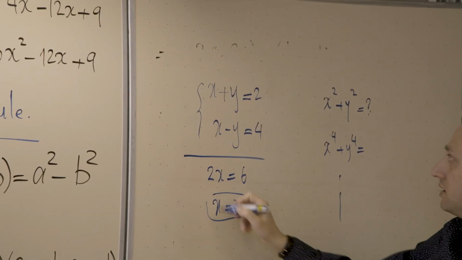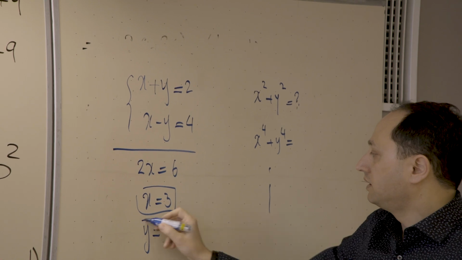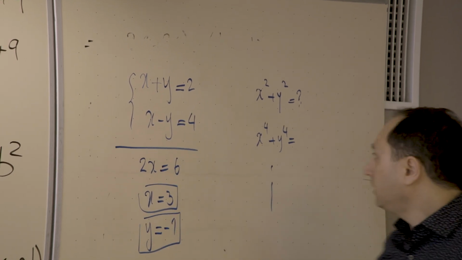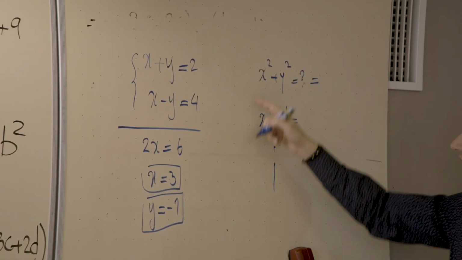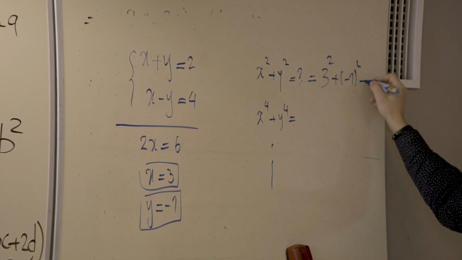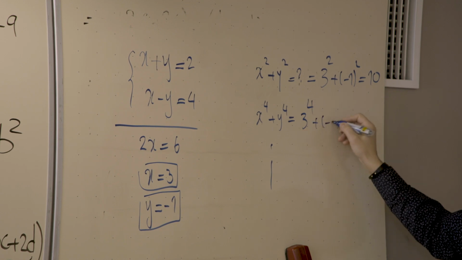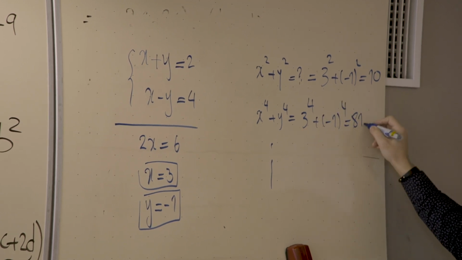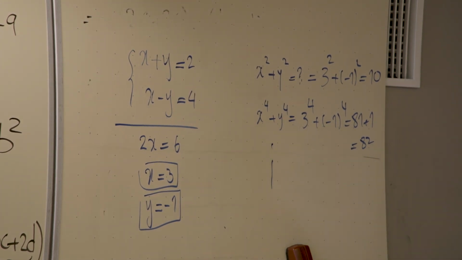So this is my x. I put it back here and I immediately find that y is minus 1. Do you agree with me? And then I can answer them very simply. So for the first question, x is 3, so it becomes 3 to the 2 plus (minus 1) to the 2, so it becomes 10. I can also answer this immediately: it becomes 81 plus 1 is 82. And I can answer any sort of questions here.